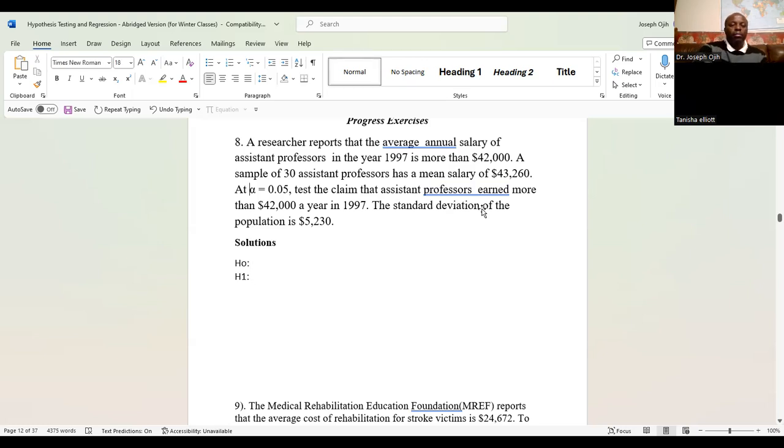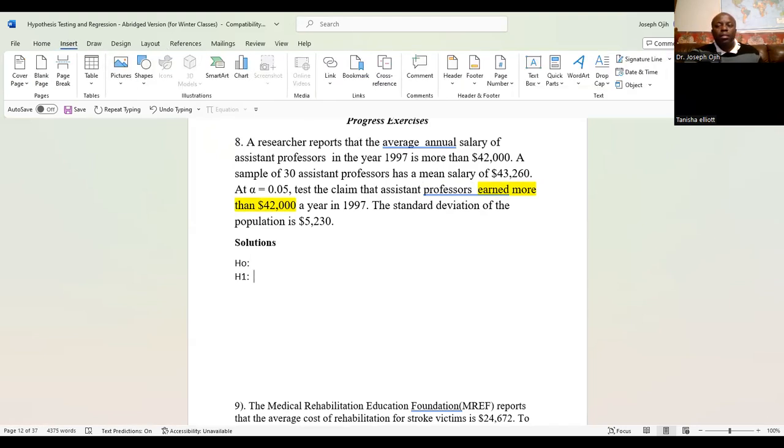Earn more than, see, that's where the claim lies. So more than means greater than. So we have the hypothesis: mean greater than 42,000. That is the claim.